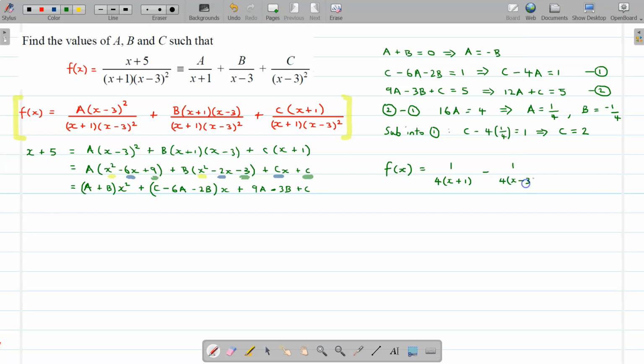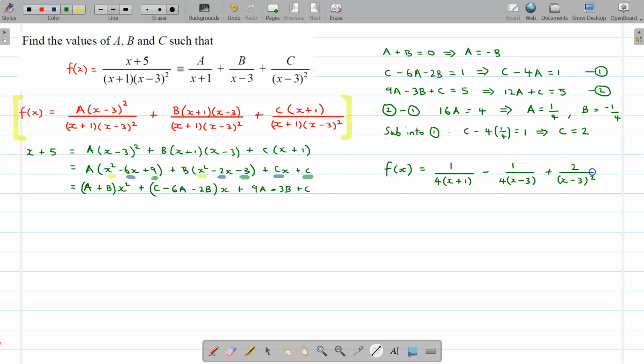And finally, the c term, which is 2, gives us plus 2 over x minus 3 all squared. Okay, and they are the 3 partial fractions that make up that original f of x.